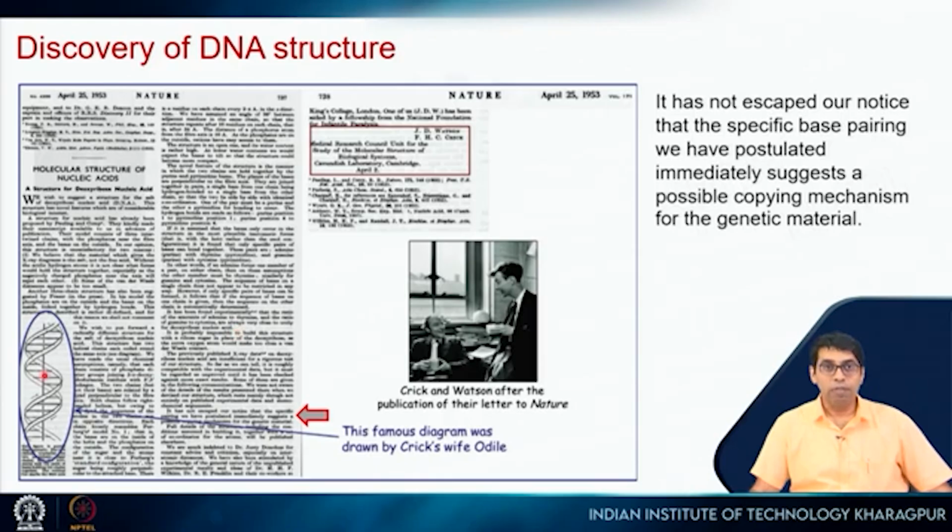Since you have two strands which are complementary to each other, and that was the basis of this double helix structure, you can imagine that if you open up the two strands like this, you can use one strand as a template to copy the other strand. So this copying mechanism became obvious because of this double helix structure. So it actually provided a huge impetus in the field of molecular biology at that time.